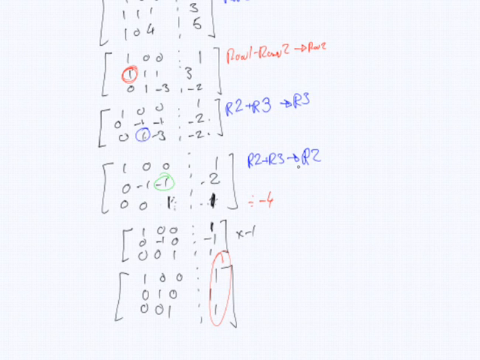1, 1, 1, 3. 1, 0, 4, 5. And then here, 1, 0, 0, 1. Yeah, we got the answer. We don't need to continue. There's enough here to get the answer, because if you look at the last one, this one here tells you that x equals 1.